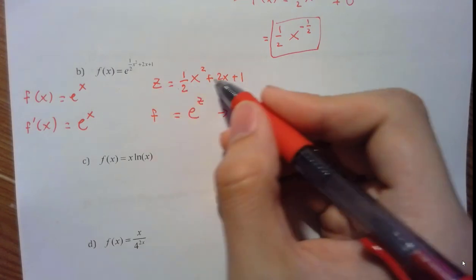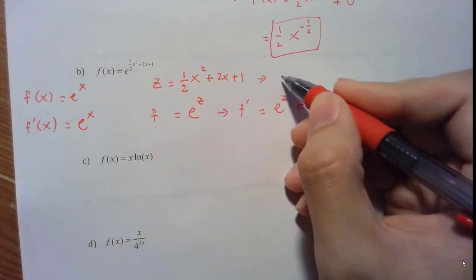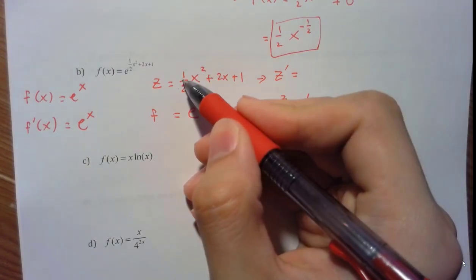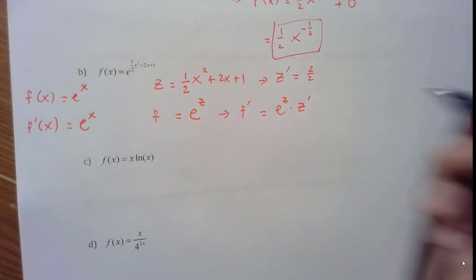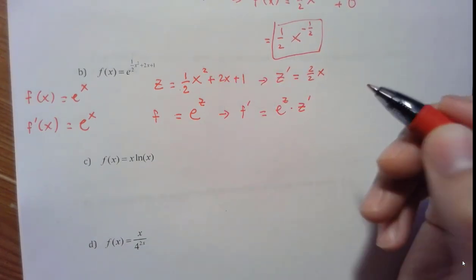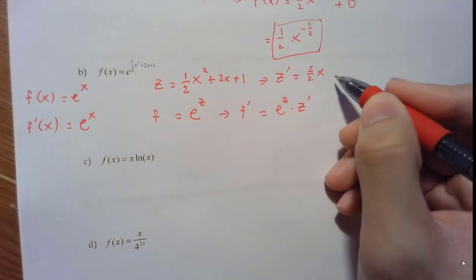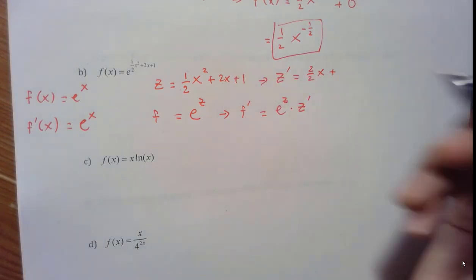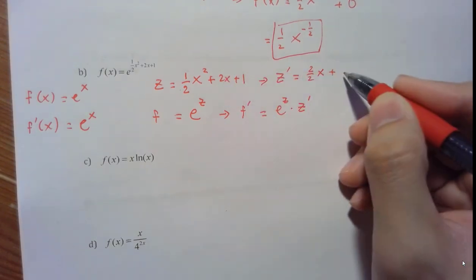Now given z equals this expression, I can find z prime. Again, using the power rule, bring down the 2 here. So 2 over 2, subtract 1 from 2, that becomes x to the first power. I don't have to write the 1 here. And plus 2x, this is the power of 1. So I bring down the 1 times 2, that's also 2.